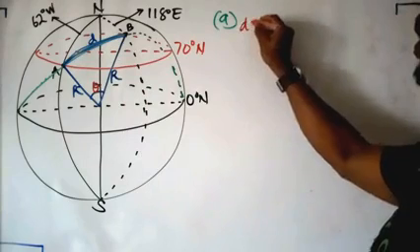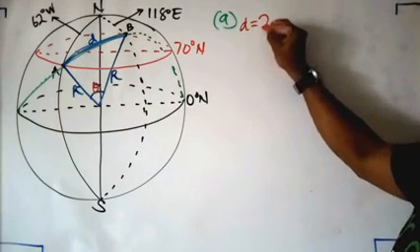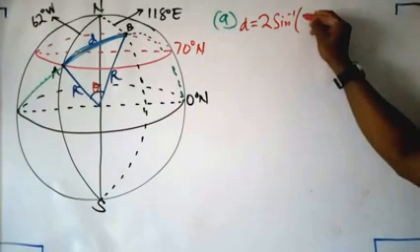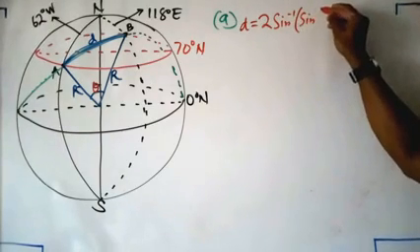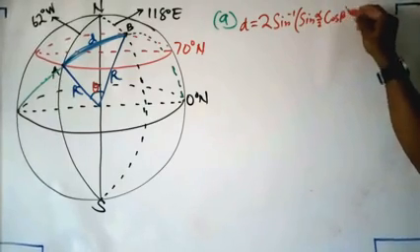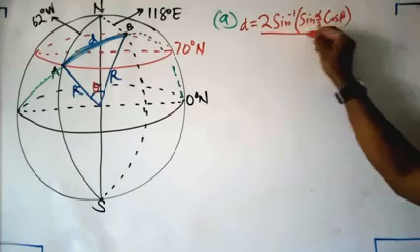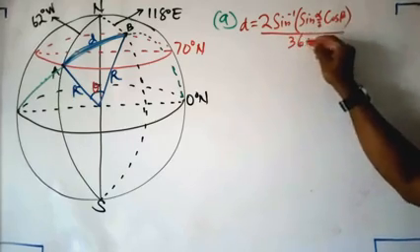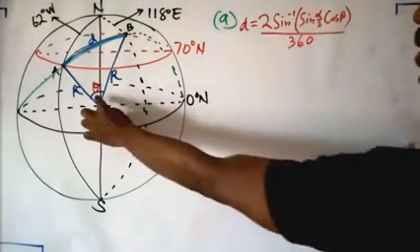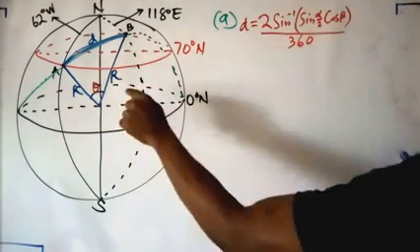So the distance is 2 arcsine, sine alpha over 2 cos given latitude, theta over 360. This is how we will find this theta in this case.